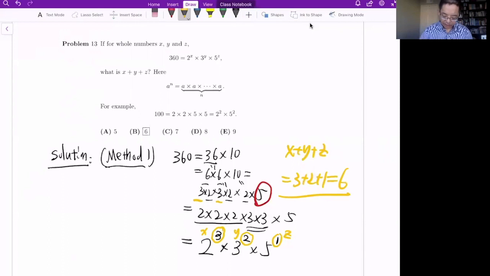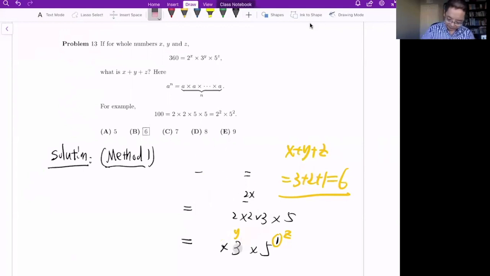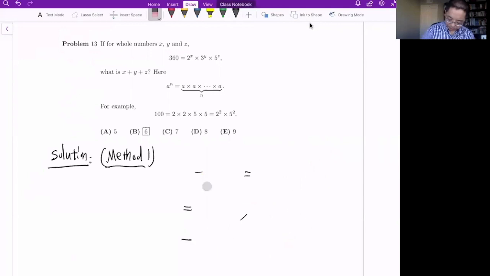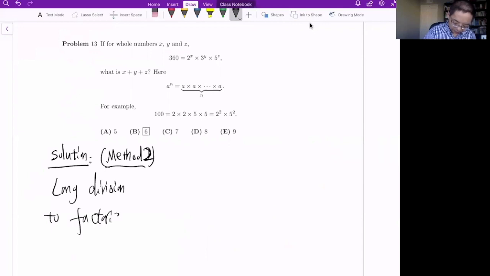Now, another way which is more popular to do the factorization is long division. So let's do method 2. This is called long division to factorize. We have 360. I start with 2, because this is an even number.